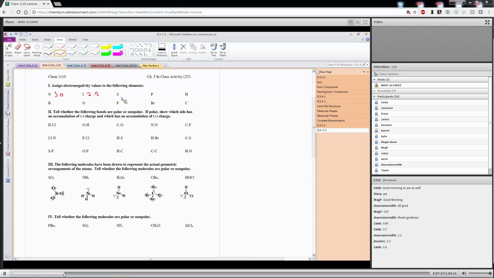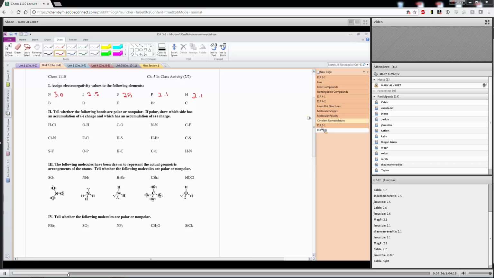Sulfur? 2.5. Phosphorus? 2.1. Hydrogen? 2.1. Okay. I think you guys get the idea. You guys can manage this, right? At least 4 of you guys are with me here.